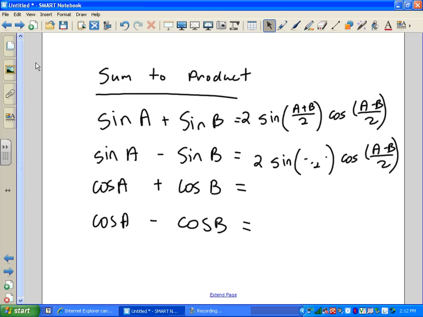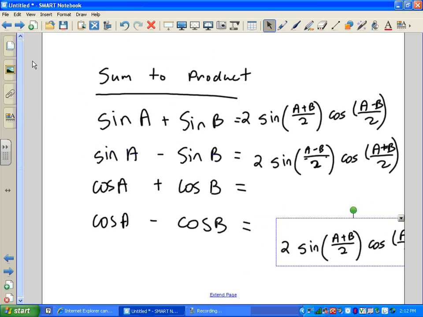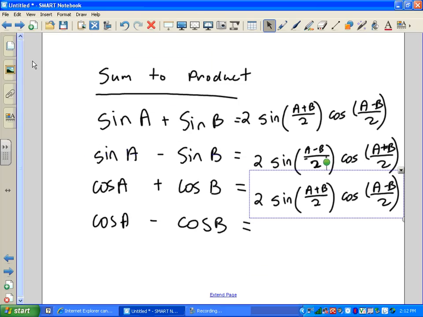We're just going to swap a couple of signs. This is going to be A minus B now, and this will be A plus B. Okay, on my next one, what's going to change are the functions here. So this one's going to change to cosine for this one.